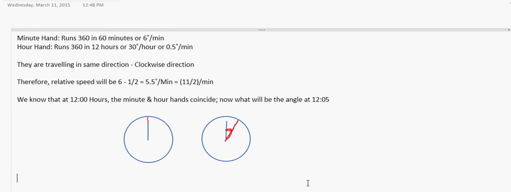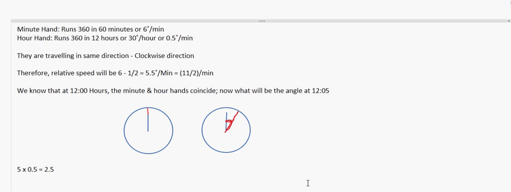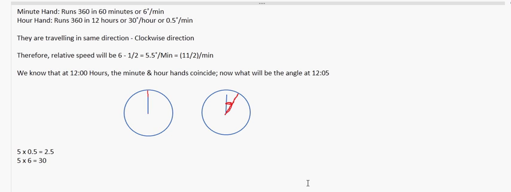In these 5 minutes, the hour hand would move 5 into 0.5, which is 2.5. In these 5 minutes, the minute hand would move 5 into 6, which is 30. Because they are moving in the same direction, the final would be subtraction: 30 minus 2.5, which is equal to 27.5.